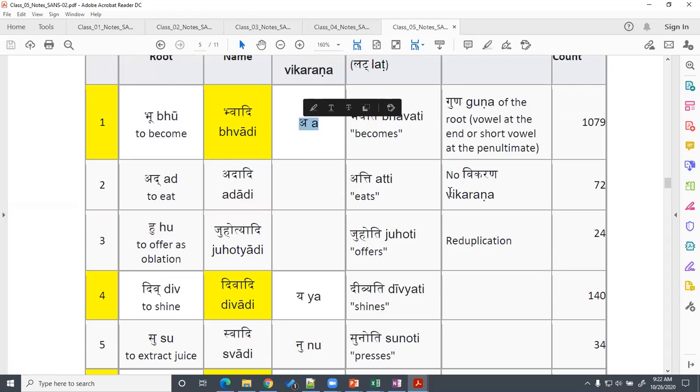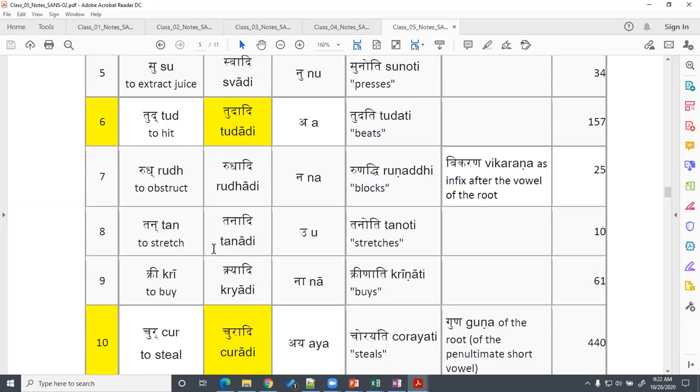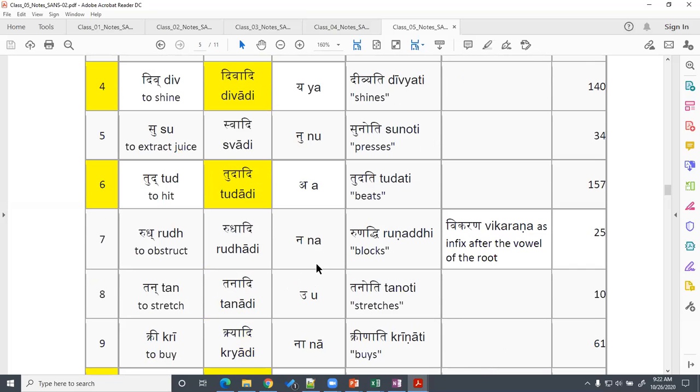Because it ends in akara, the forms of the tenses become pretty easy. And these are the 4 major classes we studied in our course, Sanskrit-02. The remaining 6 classes are covered in the further chapters of the book.